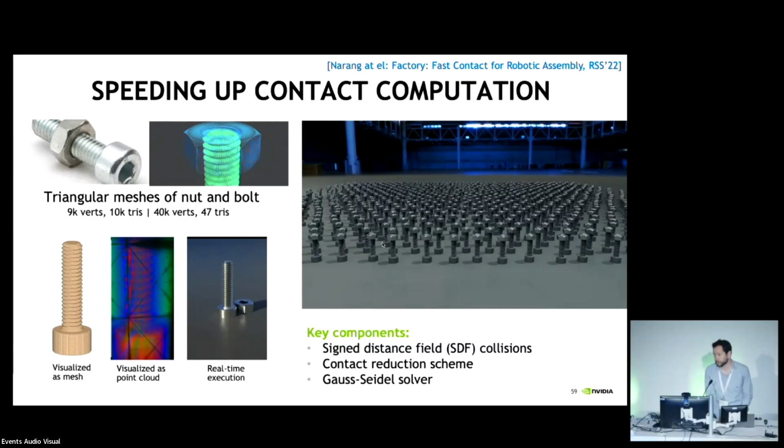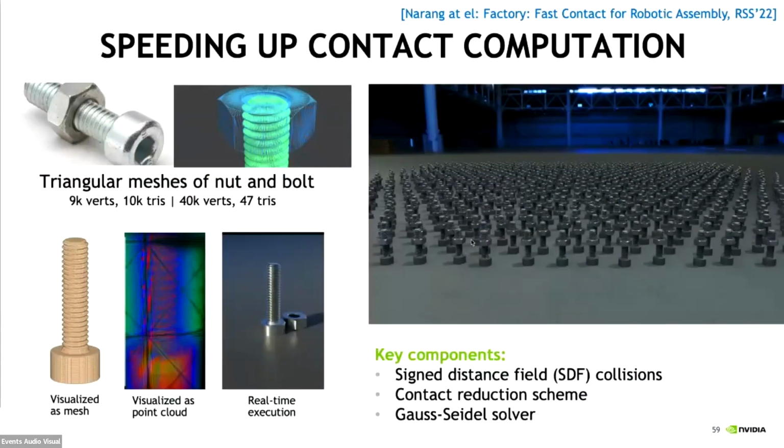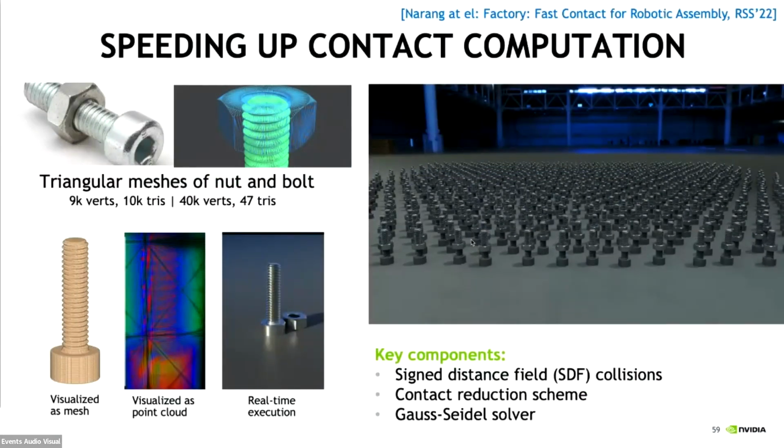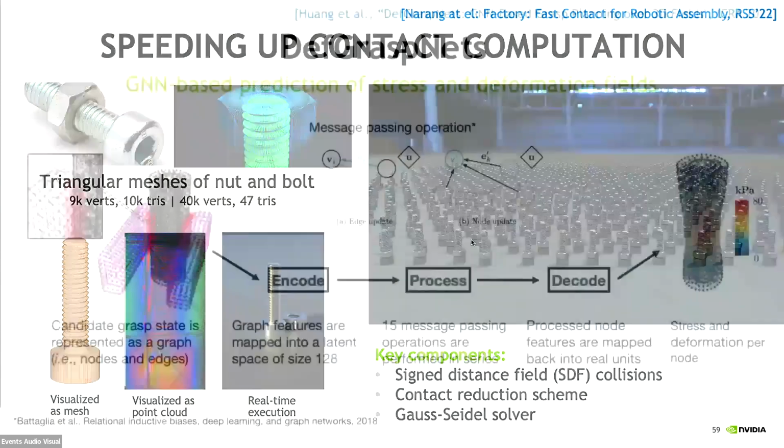Things are super difficult to do in practice, but you can store a lot of these contacts a priori and come up with summaries of that. In this way, we can simulate in real time hundreds of nuts and bolts as an example, right? And then do inference for sim-to-real. So speeding up contact computation is a major area for us.